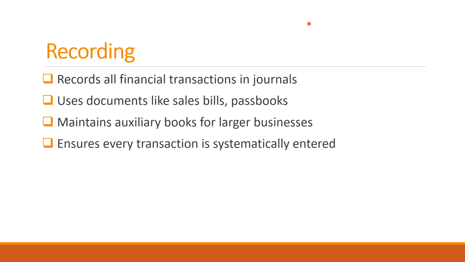For example, a company might have separate records for sales bills, passbooks, and salary slips to ensure that every transaction is accurately logged. By systematically recording these activities, the business ensures that its financial records are complete and up to date.